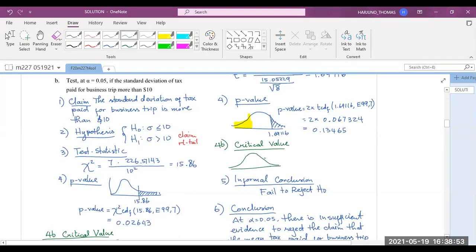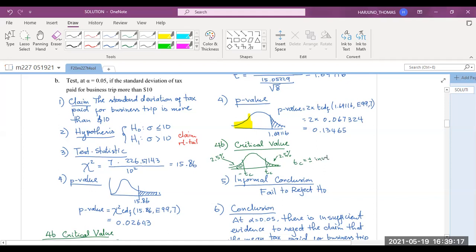Now then I have t critical, but this time it's 2 tail, right? It's 5% divided by 2, so it's 2.5% each tail. So the t critical will be plus minus, don't forget.